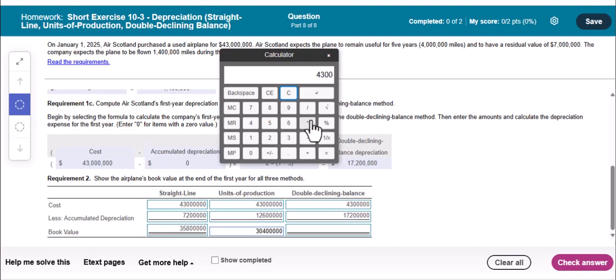Again, same as all of the others. And then we're going to subtract out 17.2 million. That number is 25,800,000. Go ahead and input that. And then we can go ahead and check our answer.